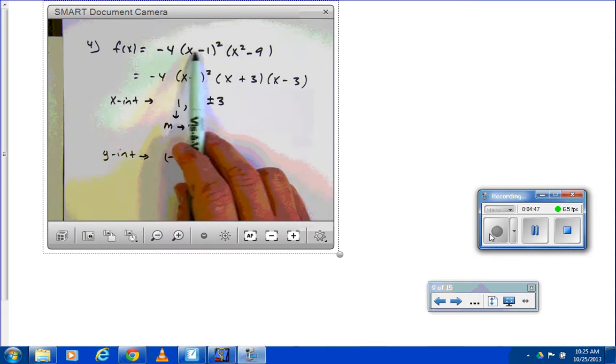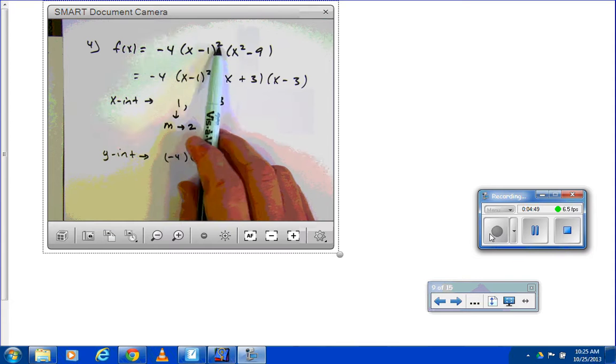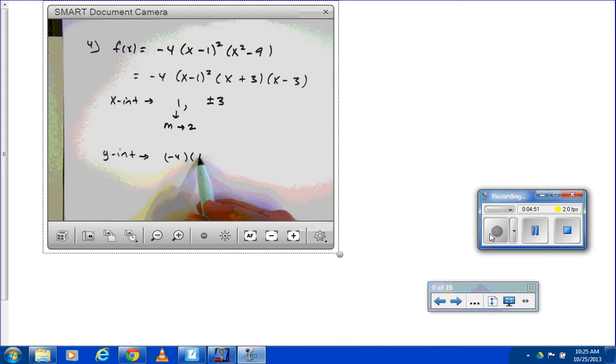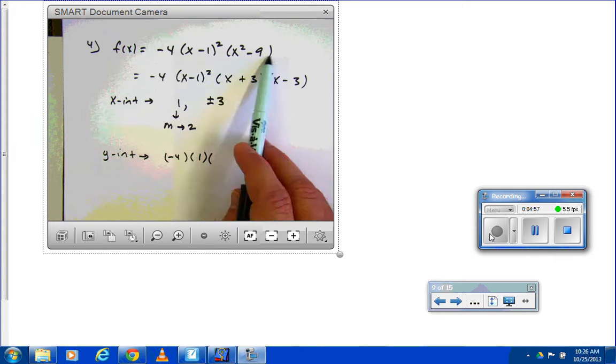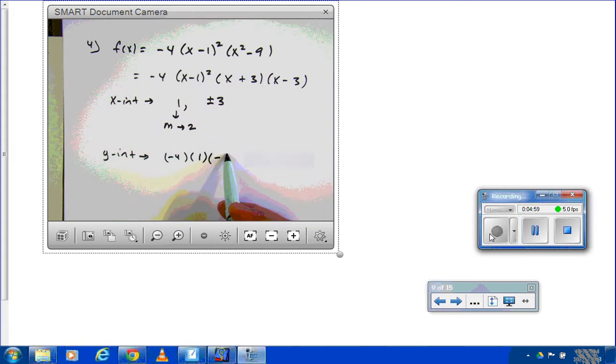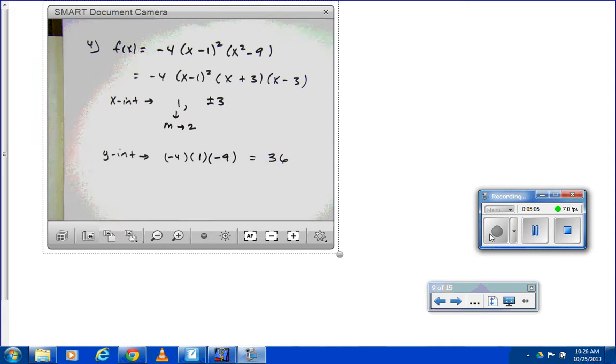Now if we plugged in a 0, negative 1 squared would just be 1. And then here if we plugged in 0, this is just going to be negative 9. Okay, so that's going to give me a positive 36. A lot of us missed the y-intercept there.